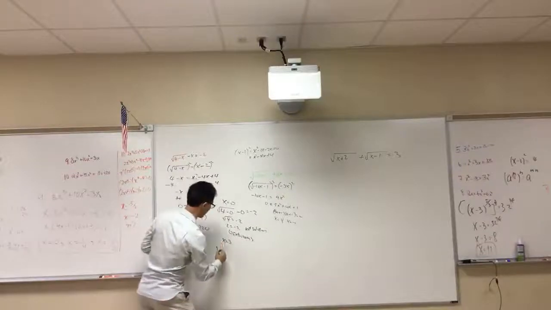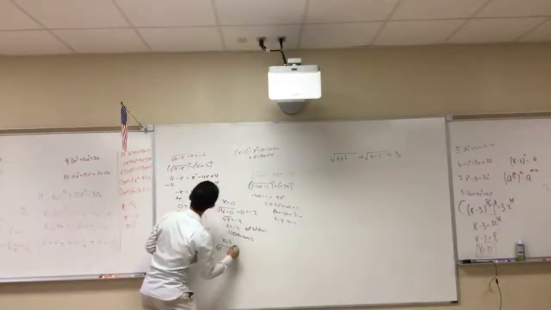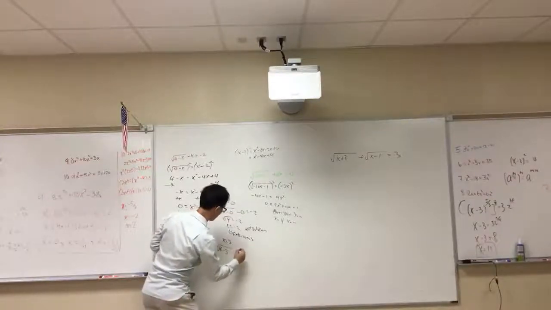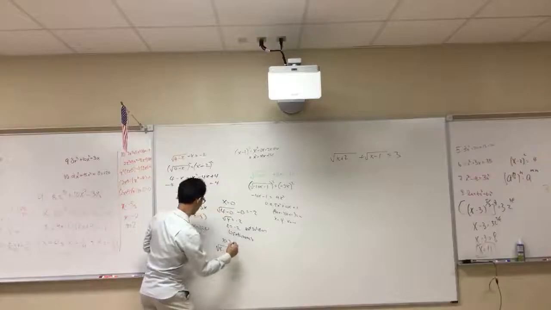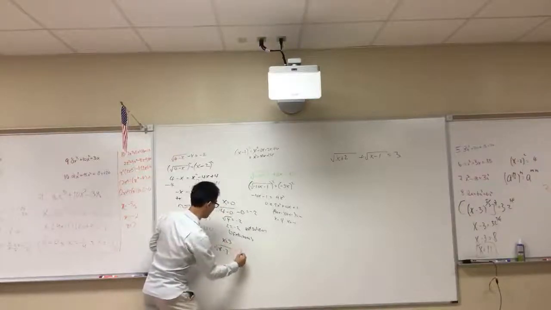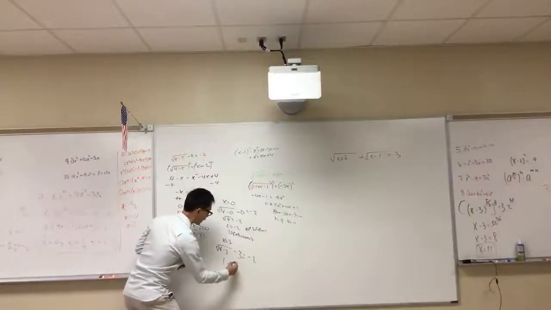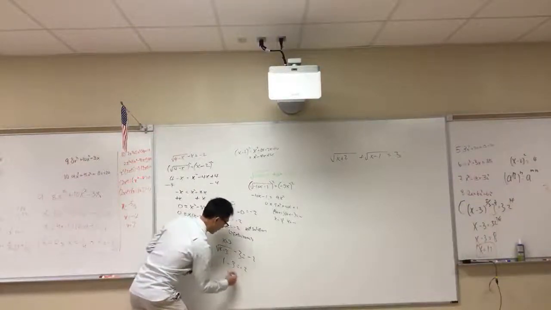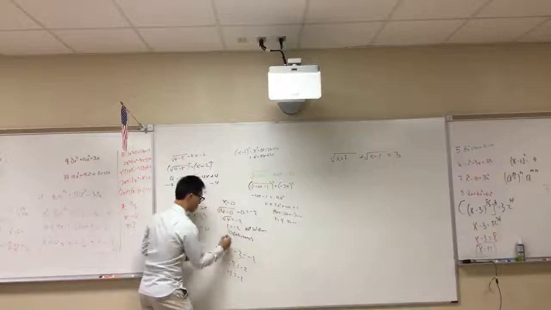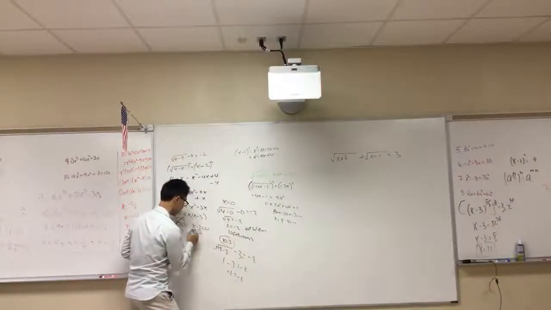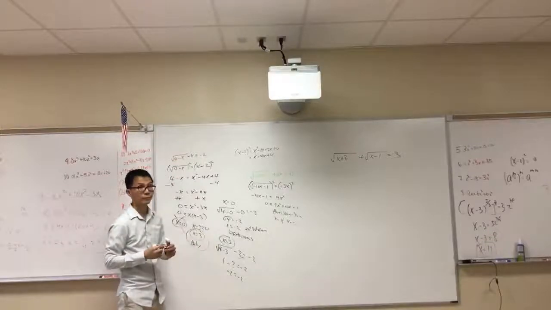So that's gonna be square root of 4 minus 3, minus 3, is equal to negative 2, right? So that's gonna be 1 minus 3 equal to negative 2, and that's negative 2 equal to negative 2. So this one is a solution, this one's not.